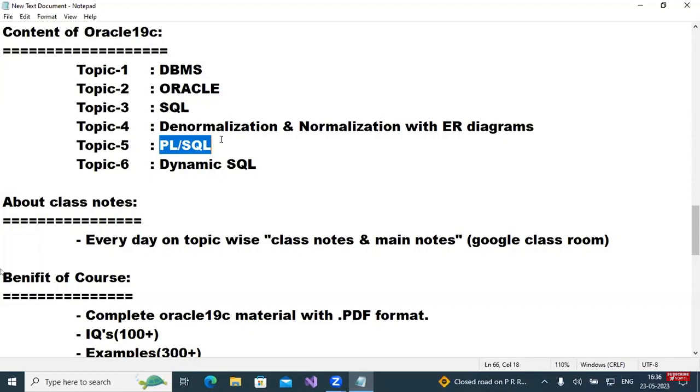In core Java, how you implement function overloading, procedure overloading, encapsulation, and binding of functions or methods, these we are learning in PL/SQL also. So along with these, these are all the concepts of your PL/SQL that we are covering.